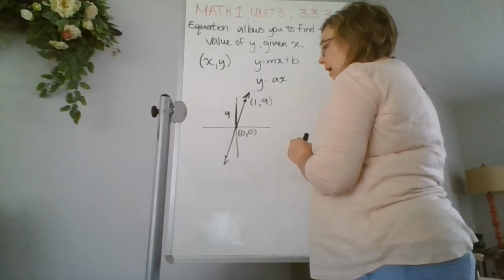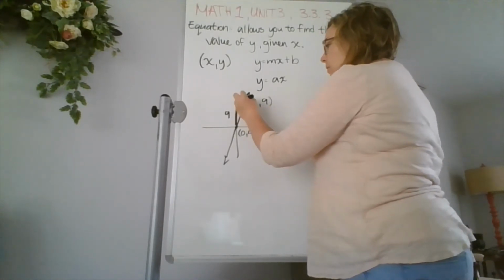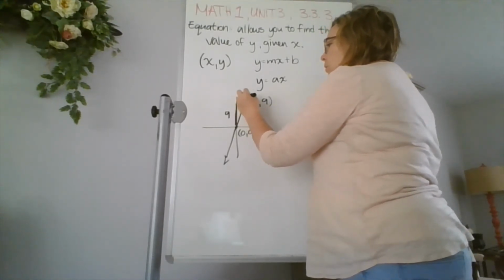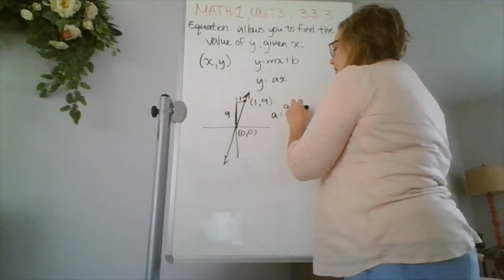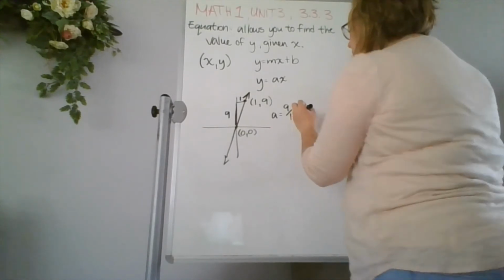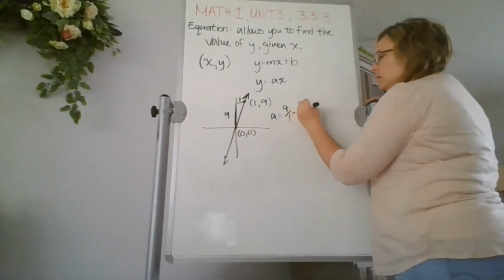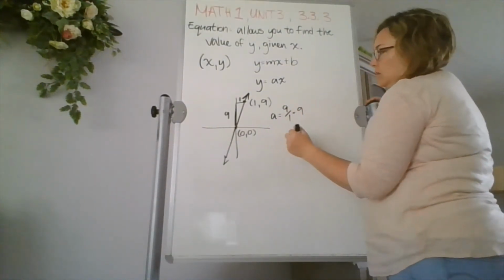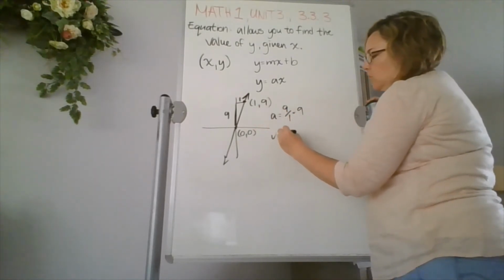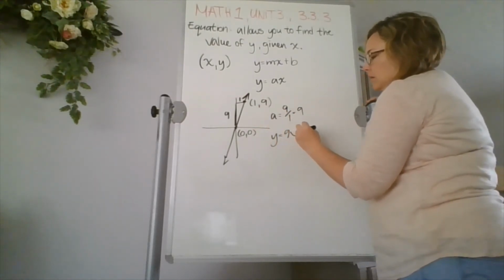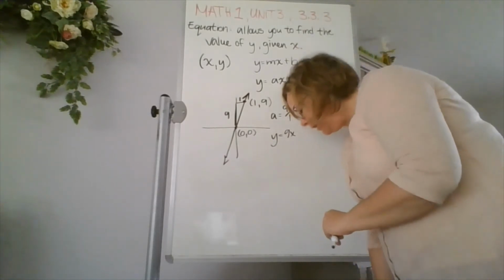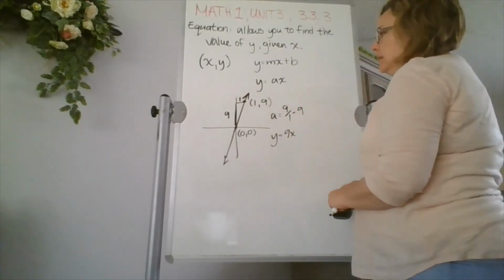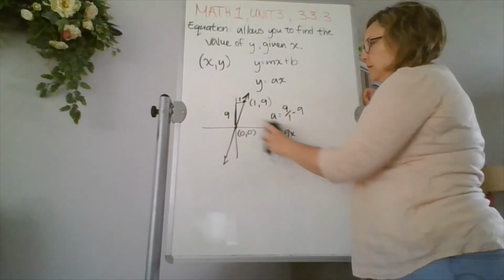So that is our rise, or our up distance, and we run 1. So a is equal to 9 over 1, which reduces to 9. So our equation for this example would be y equals 9x. You might have a different example, but you take that one in.